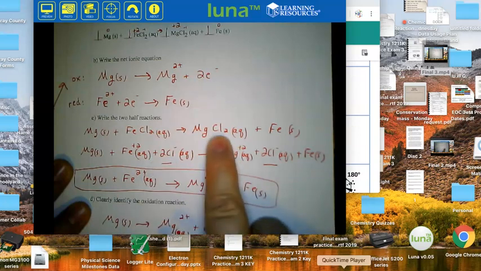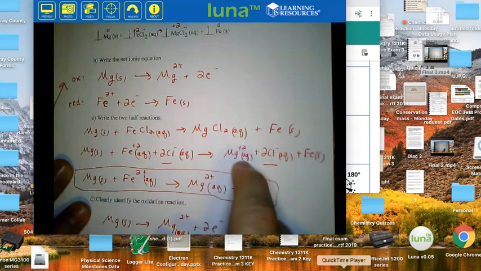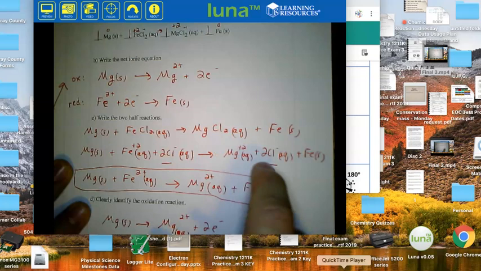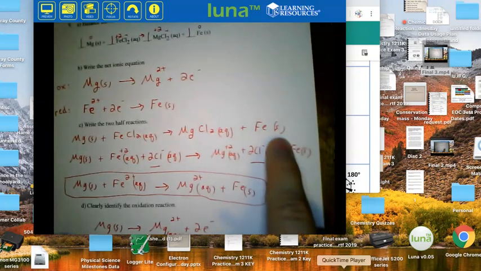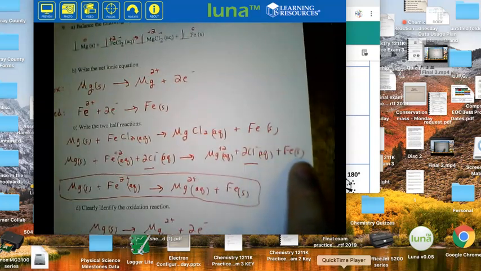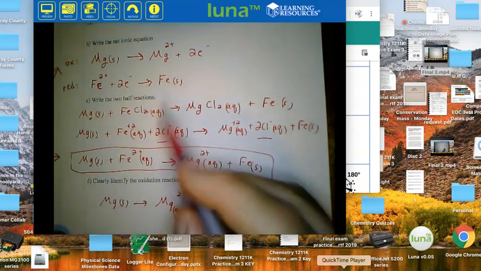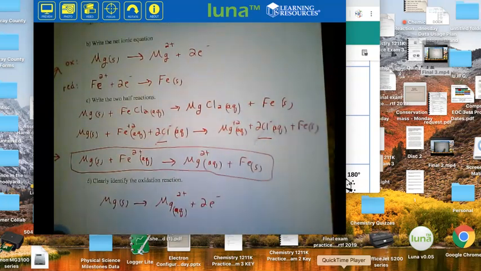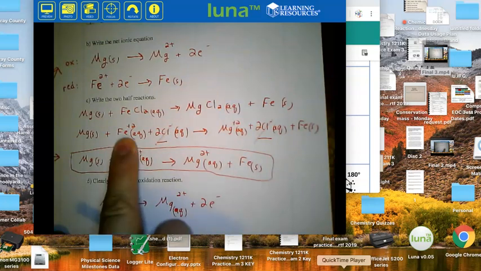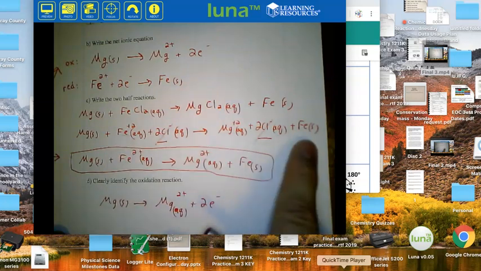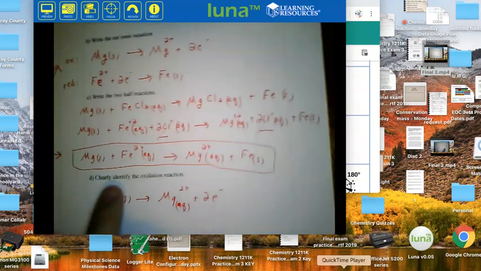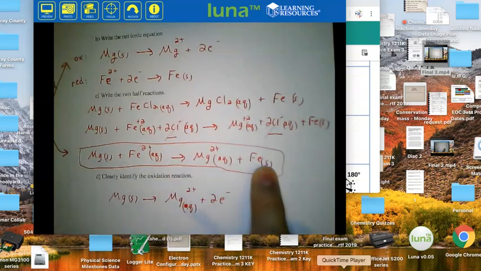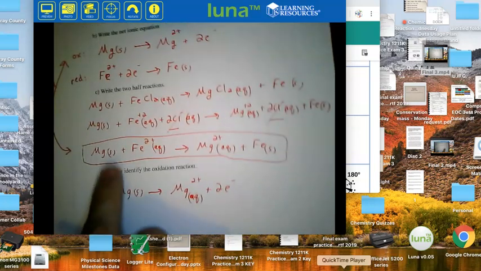Magnesium chloride is aqueous as well, so 1 magnesium plus 2 ion, 2 chloride ions. Iron is solid, so I just left it as it is. Notice my spectator ions here are the 2 chloride ions on both sides. Everything else is different. Iron went from +2 to 0, and magnesium from 0 to +2. Then I write what's left, and that's my net ionic equation.